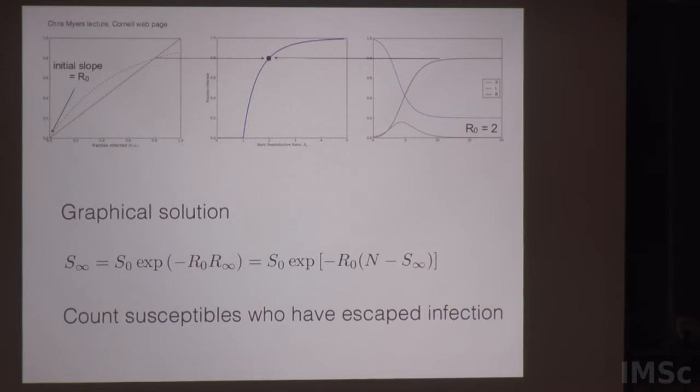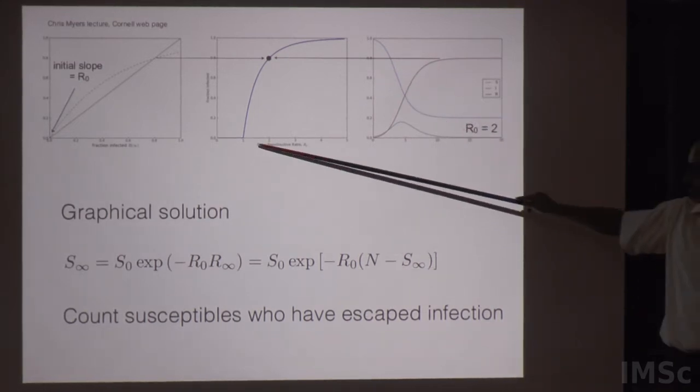Because 1 minus that number are the number of people who have gone through the infection and have later recovered. This S infinity here are the people who still remain in the susceptible compartment. So 1 minus S infinity are all the people in the recovered compartment. That means they are people who have been infected, because they had to be infected in order to reach that particular compartment.